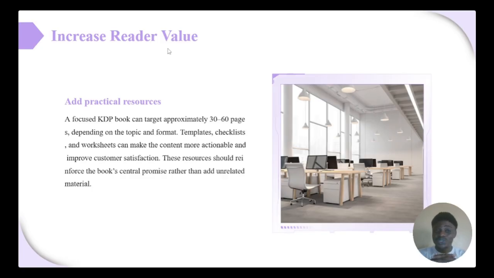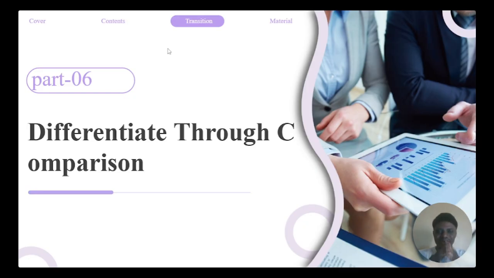Now, again, this 30 to 60 pages depends on the topic and the format you're writing with, right? Because of certain formats or fonts, it may be more than 30. But exceeding 60, again, is very, very risky. Things like templates, checklists, and worksheets can make the product or the book more actionable and improve customer satisfaction.